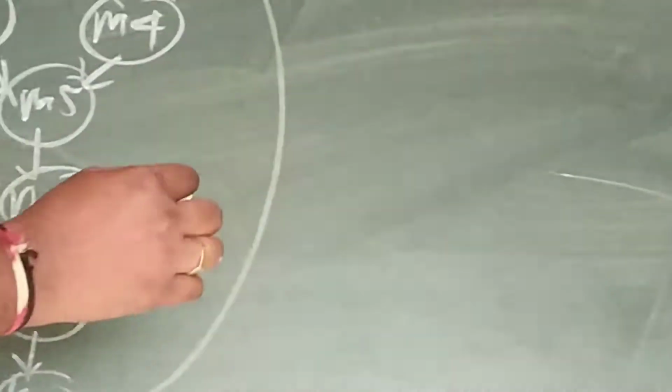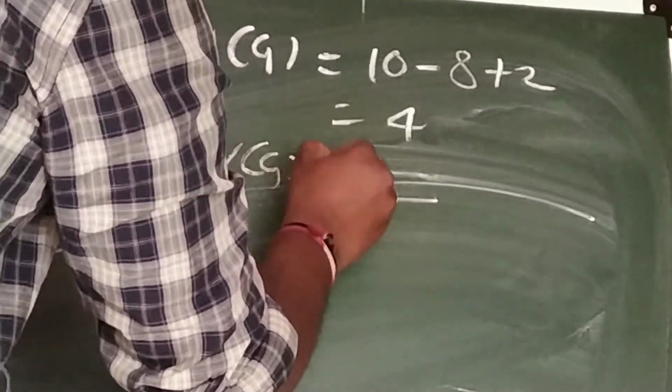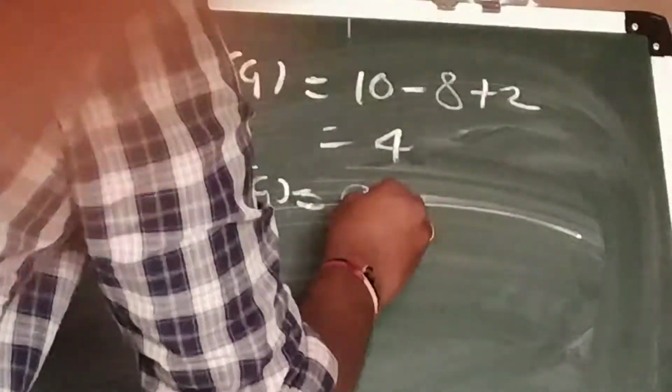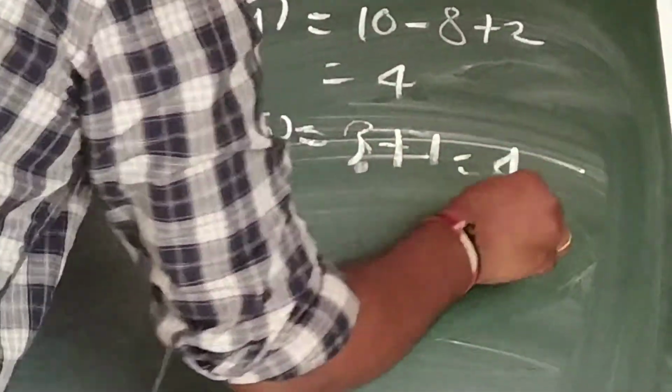Okay, so again you will be getting 3 predicate nodes. 3 plus 1, that is 4.